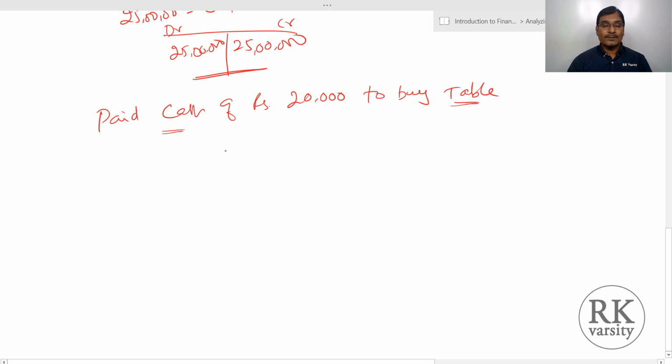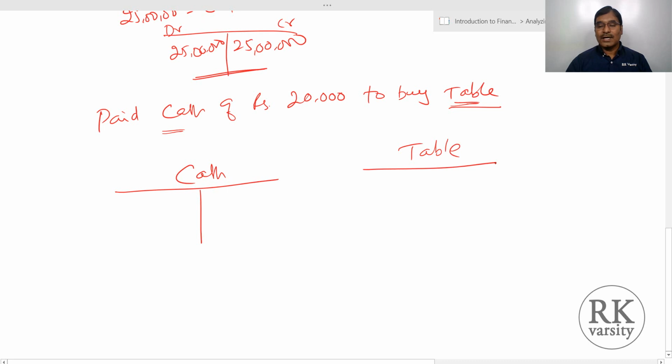Two items or two accounts. One is cash, which is an asset, and the second one is a table, which is also an asset. So we'll write a debit side, credit side, debit and credit.